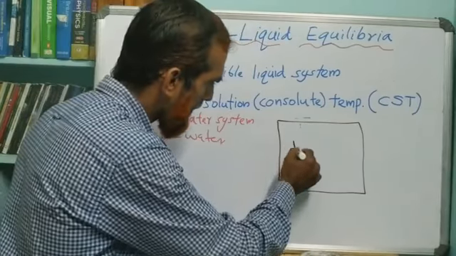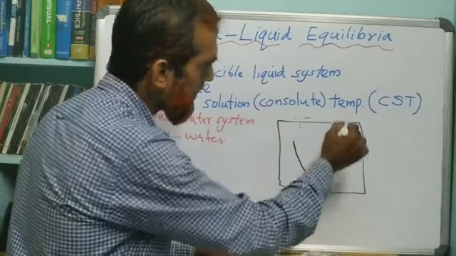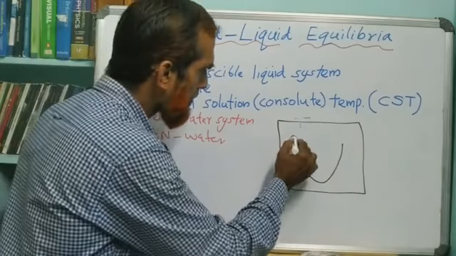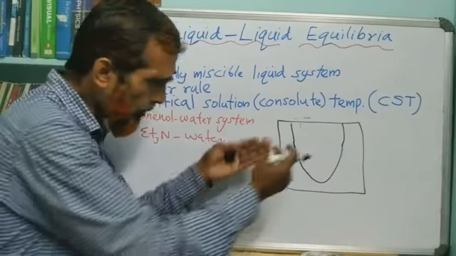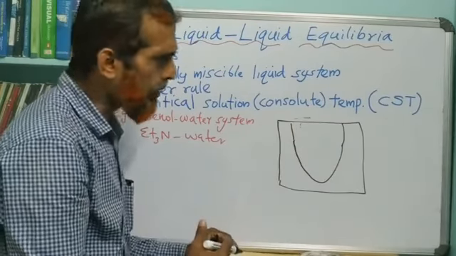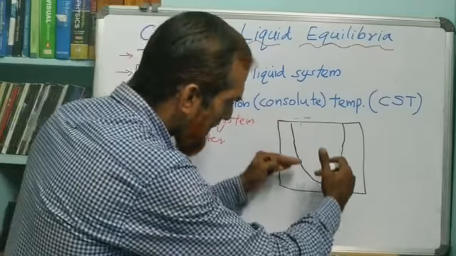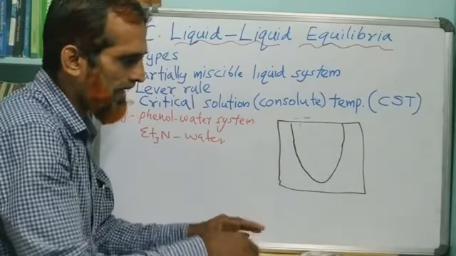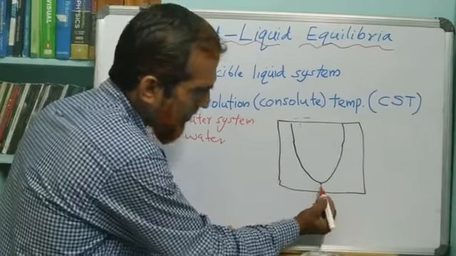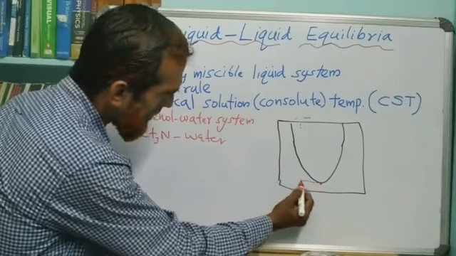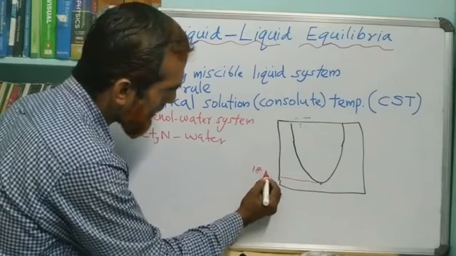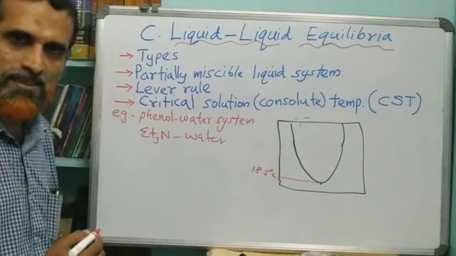It goes like this, and that means the solubility of the two liquids increases on lowering the temperature, and you get the CST down. It is found to be 18.5 degrees Celsius for this system.